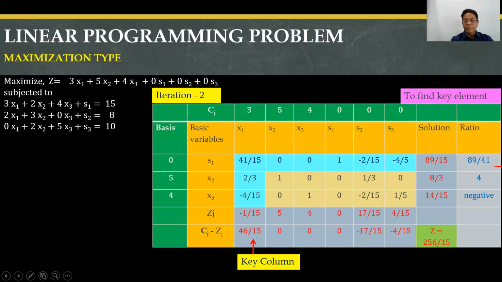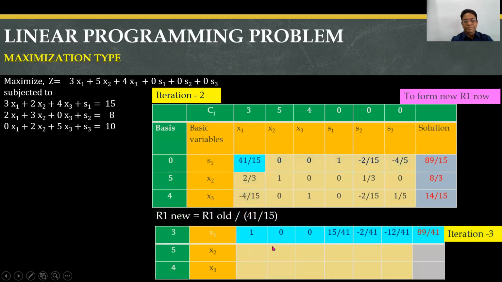Okay, so the key row is S1, and the key element is 41 by 15. So this key element will now be made 1, this will be made 0, and this will be made 0. So let's do that. Now our next table here has, instead of S1, X1, and instead of 0, we have 3.